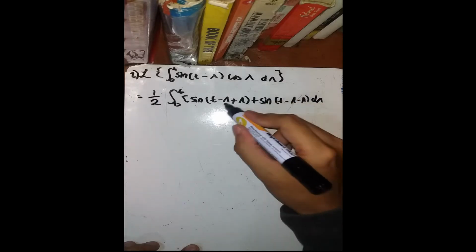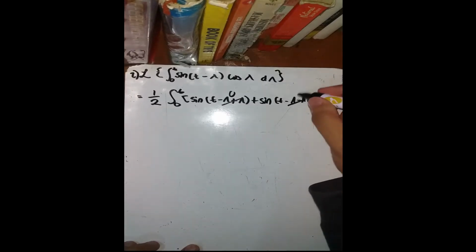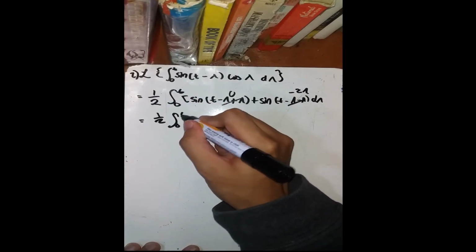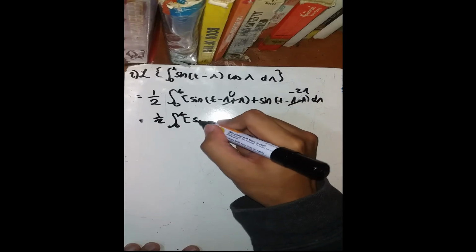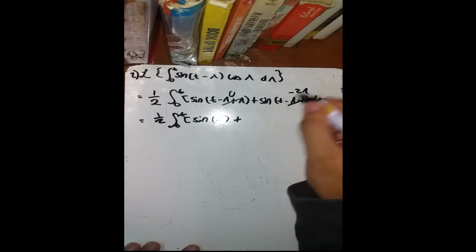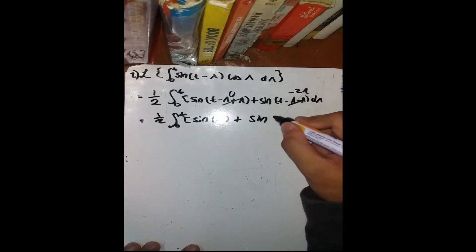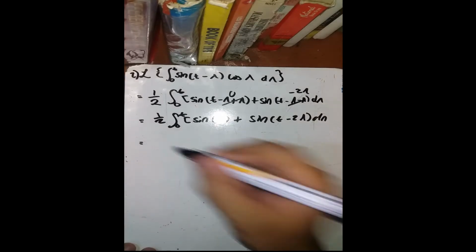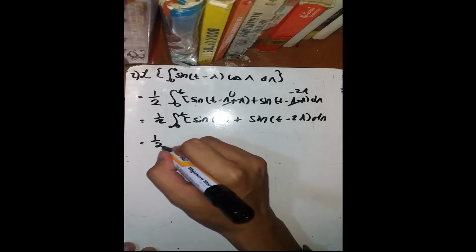Now this will be 0, this will be negative 2 lambda. So we have here 1/2 integral sine of t plus sine of t minus 2 lambda. Now we integrate. This will become 1/2.